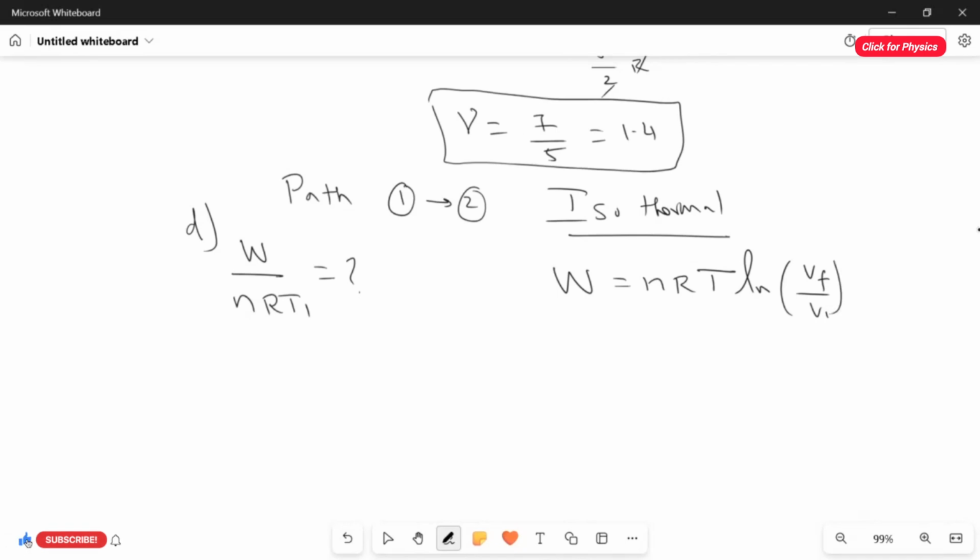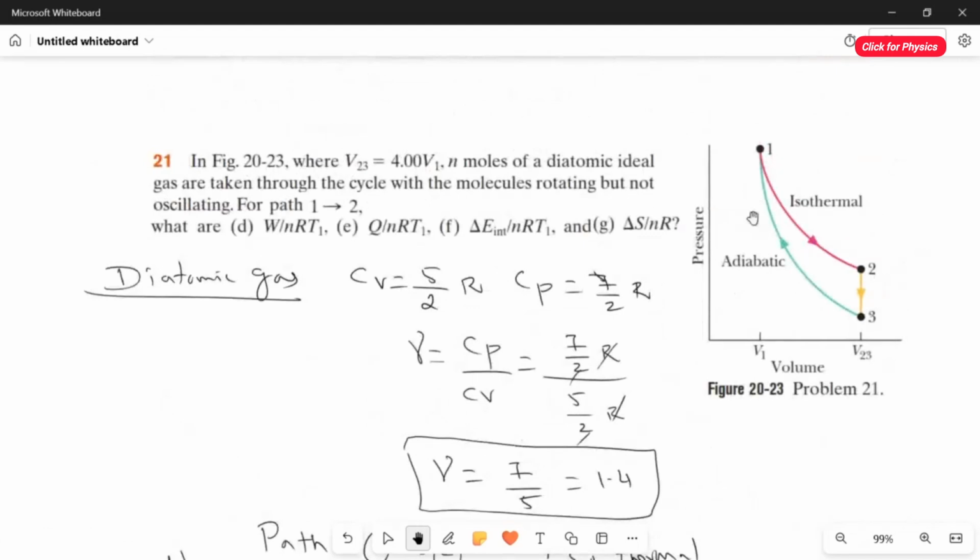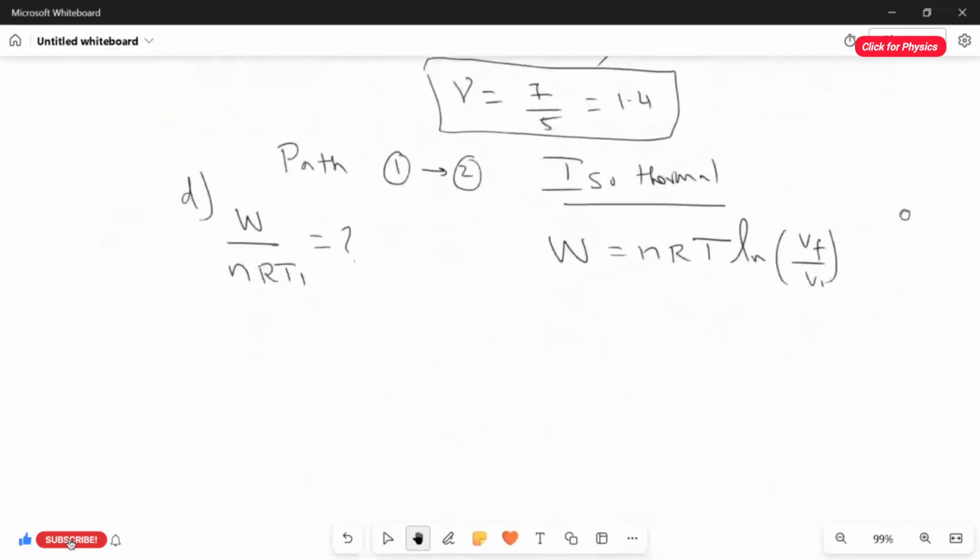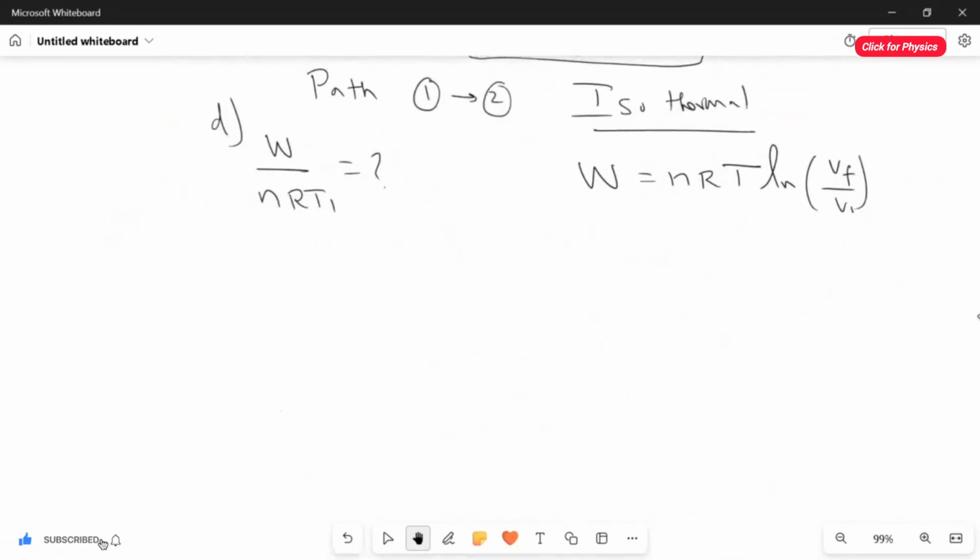V final is nothing but V2. That means we are going to consider points 1 and 2, the volume at point 2 and the volume at point 1. Let me go back to the diagram here. You can see we are going to find points 1 and 2. So we have to use this formula.